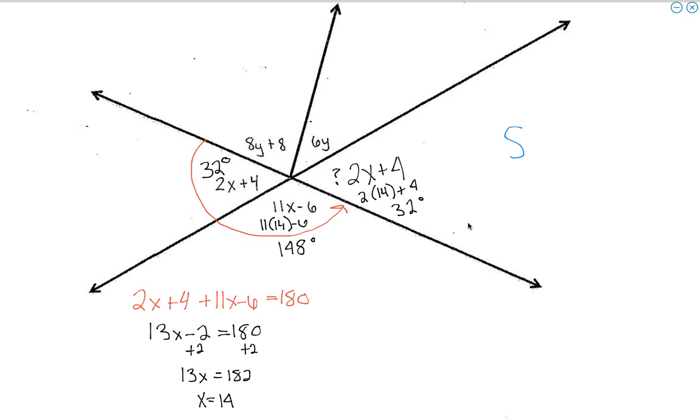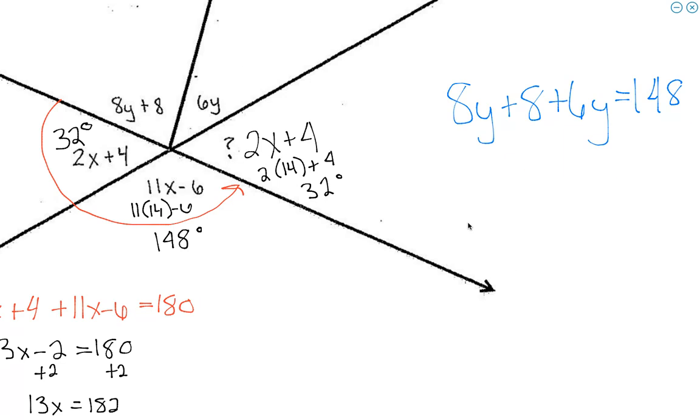I'm going to go with 8y plus 6y to equal 148 because that involves less things for me to write down. So that's 14y equals 140. I just combined my 8y and my 6y, subtracted my 8 to the other side.